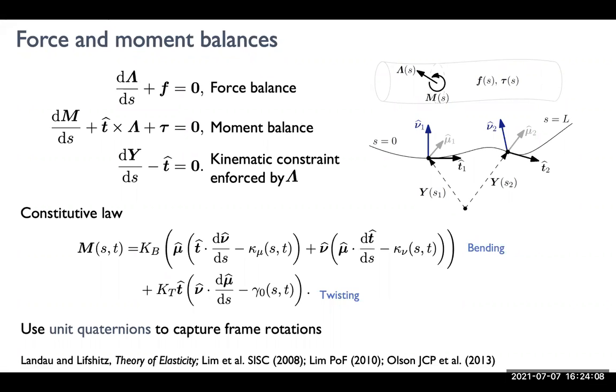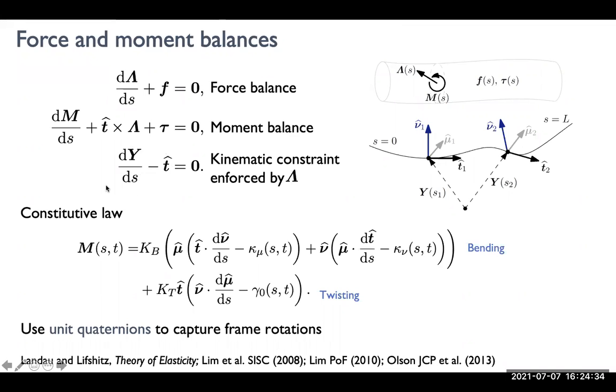Or I should say the derivative of the position is going to be related to this unit vector t hat, which we want to be the tangent to the curve. And when you write it like this, you see that the force on the cross section, lambda, is going to be the Lagrange multiplier that is enforcing this kinematic constraint.